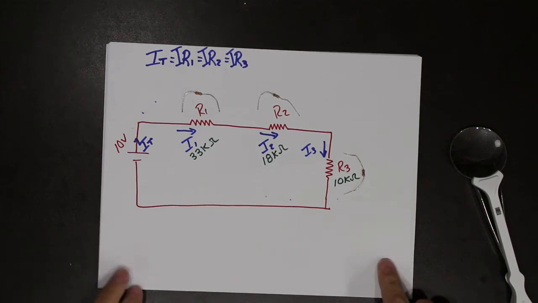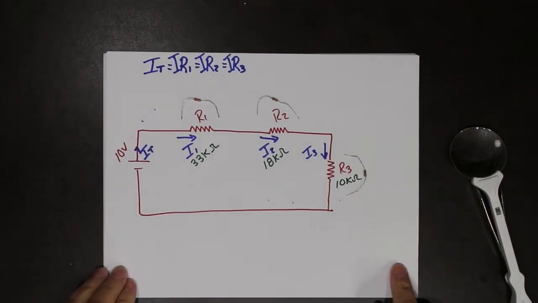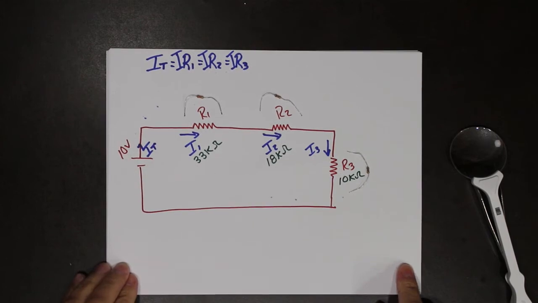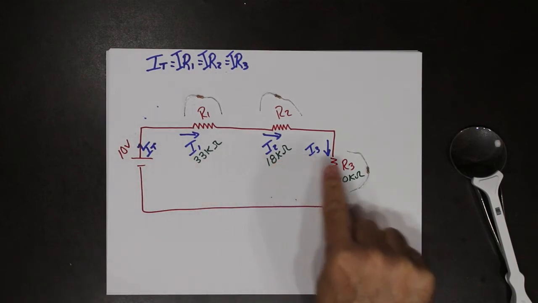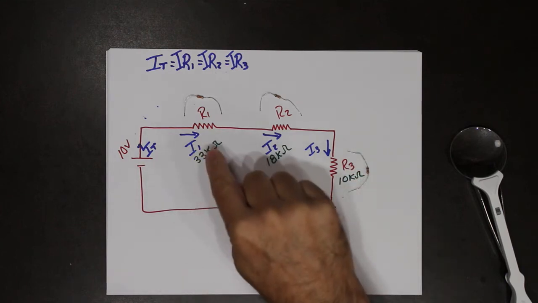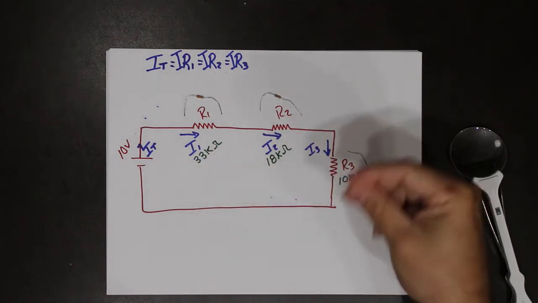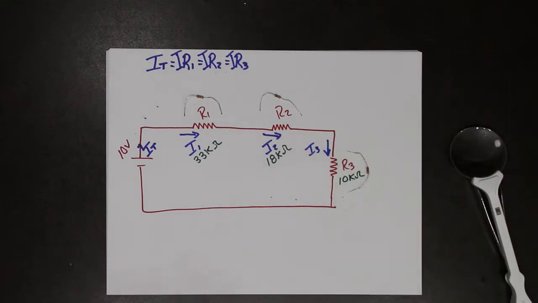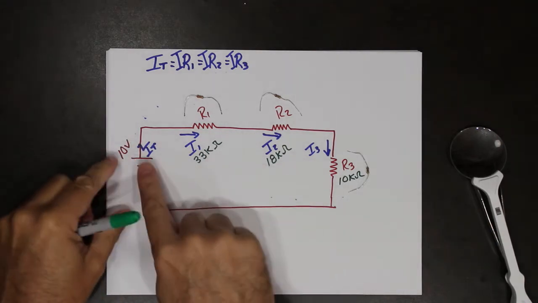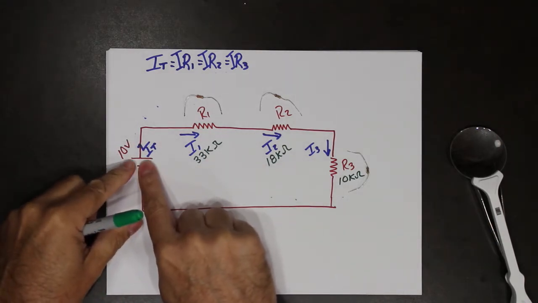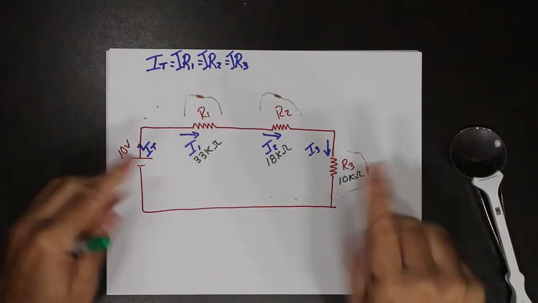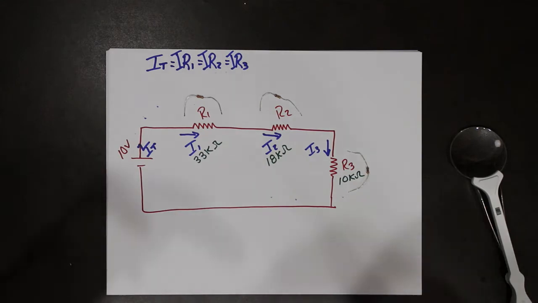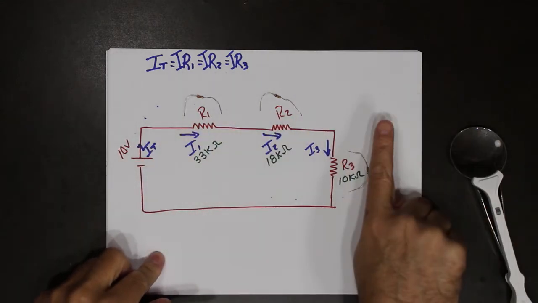So we have 3 resistors. We're going to hook them up into the circuit in a minute. Each one has its individual value, and each one limits the amount of current flowing in a circuit. If we want to figure out, from the power supply's point of view, what is the total resistance that we actually see.